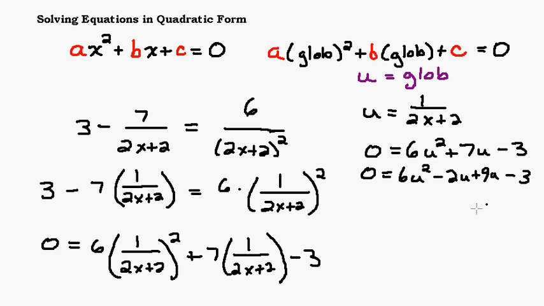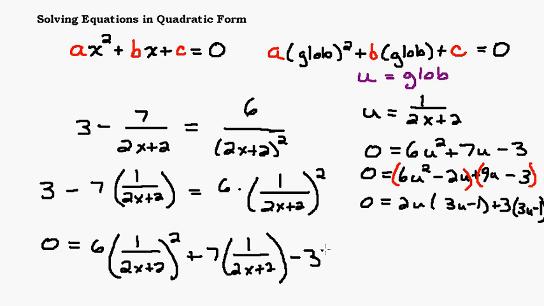Okay, so now we do factor by grouping. So we're going to group the first two and the last two, pull out a common factor. So the first set of parentheses has a common factor of 2u, which gives us 3u minus 1. And the second has a common factor of 3, which gives us 3u minus 1.